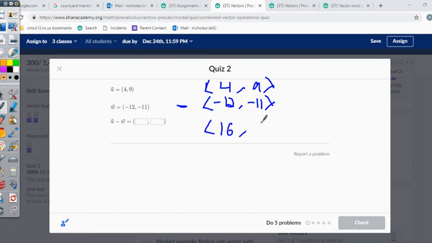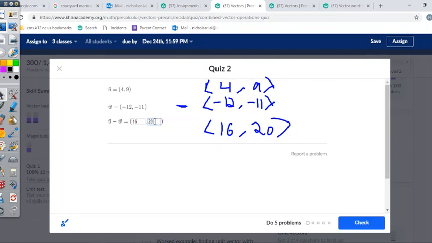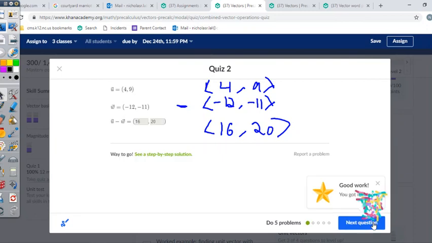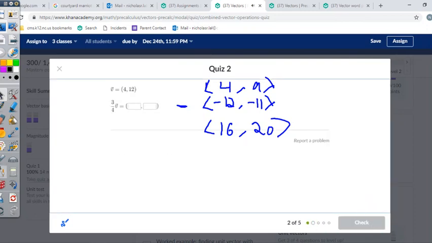And 9 minus -11 is going to be 9 plus 11, which is going to be 20. So our component vector will be 16, 20. Great. Let's go to the next question.